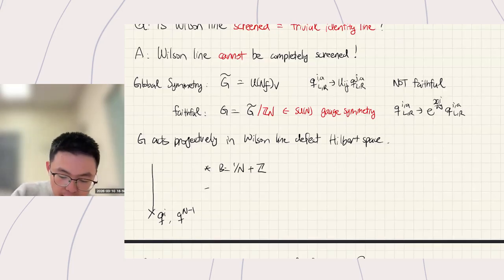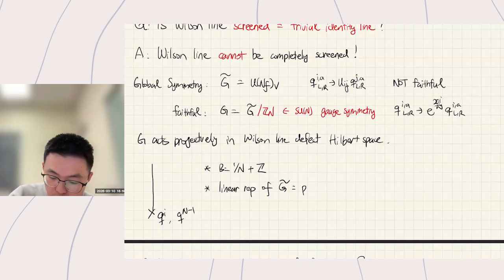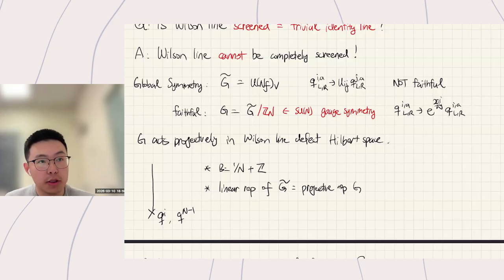All the states form a linear representation under the group G tilde, which is the group that acts naturally on the quarks. But a linear representation of G tilde is generically a projective representation of the quotient group G.